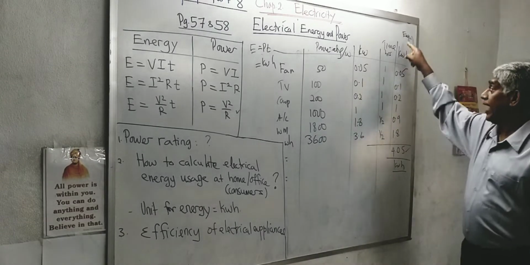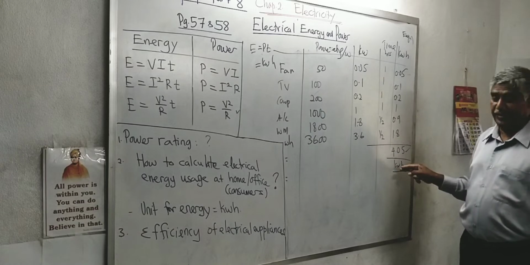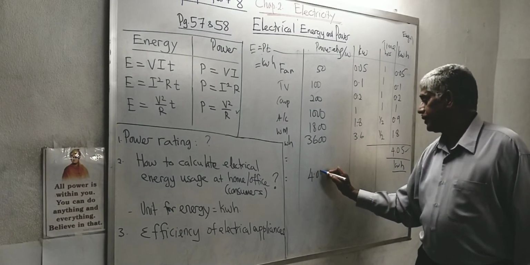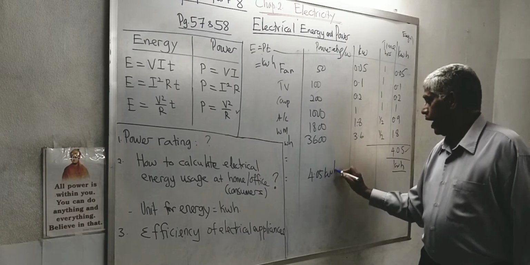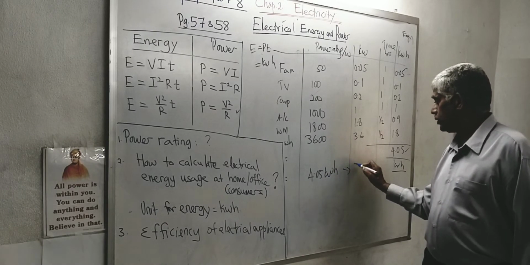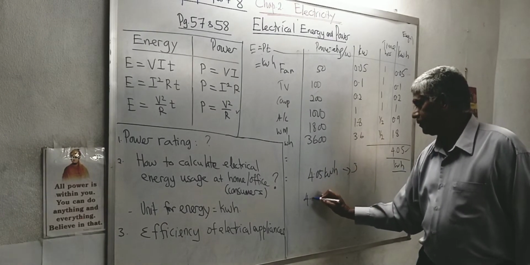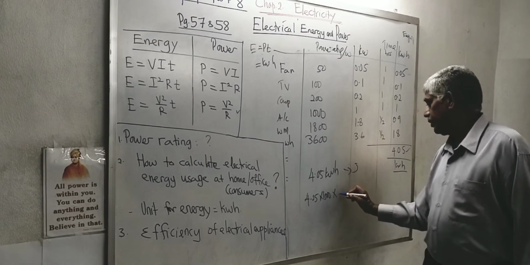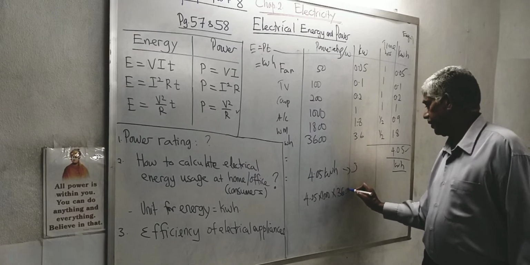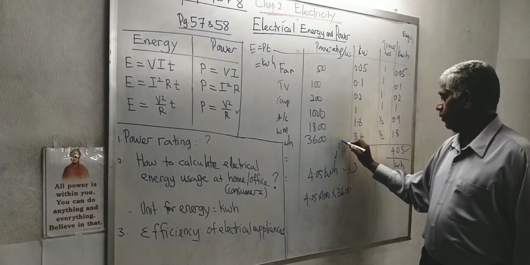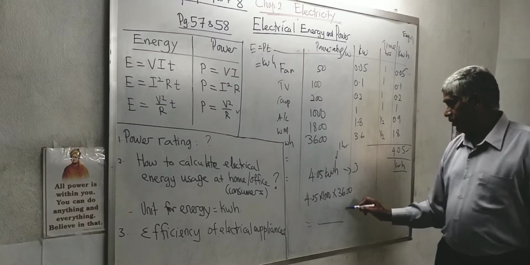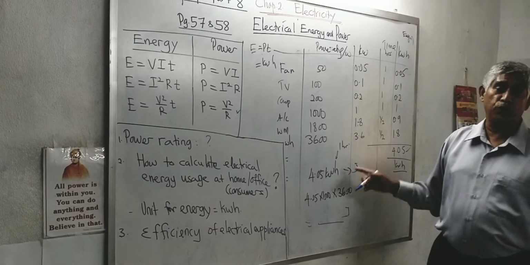This is actually the energy, kilowatt hour is energy. So if you want it in joules, kilowatt you change it to watt, you times by 1000, then hour you change to 3600 seconds. This is the energy you are going to get in joules, which is going to be a very huge value.